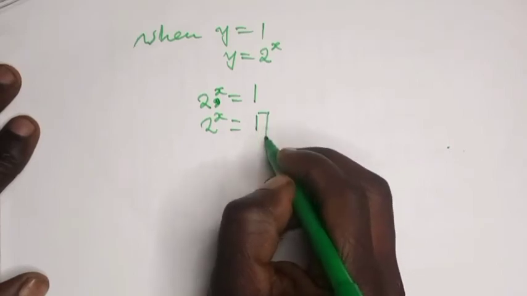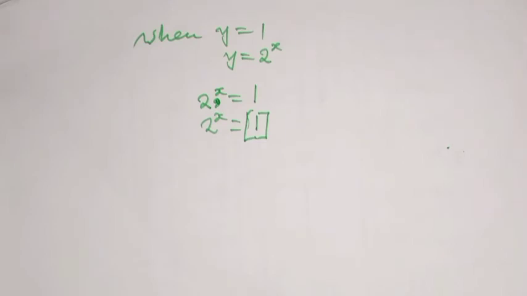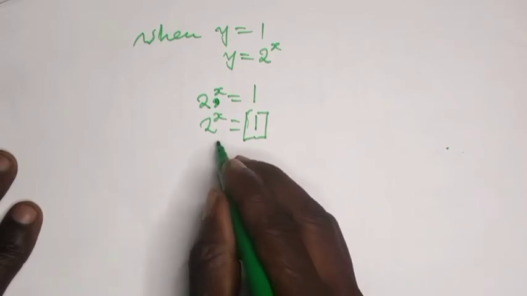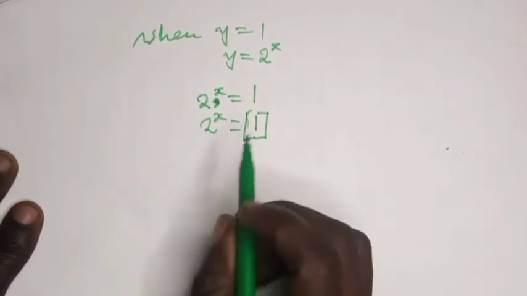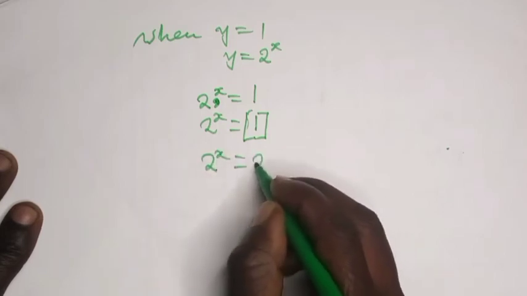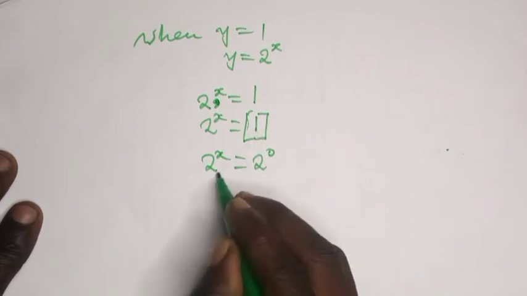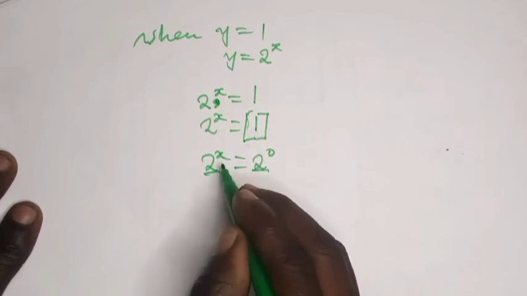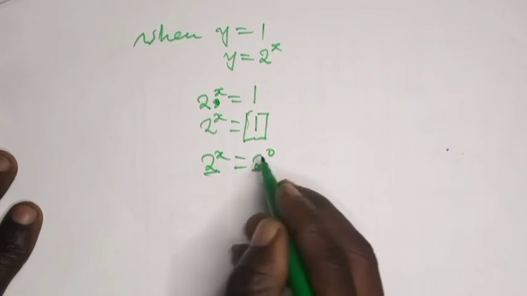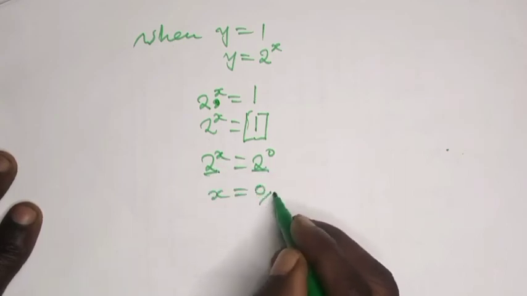So here, for it to be 1, there is a number which was raised to power 0, because there is that law which states that any number to power 0 is 1. So we have to make sure that the bases are the same. So here it will be 2 power x equals 2 power 0, because any number to power 0 is 1. So the bases are the same. We just get the value for x. Then x will be 0. That's the final answer.